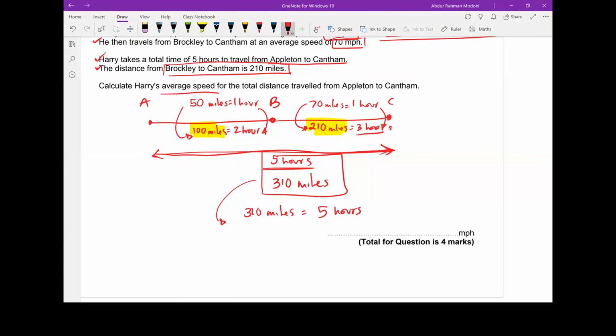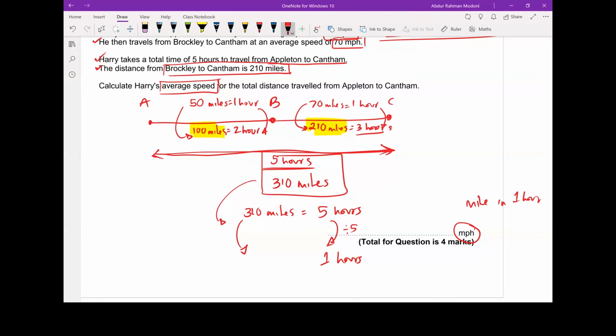Now, to find the average speed, we need to get it to 1 hour. Speed is always how much something travels in 1 hour. That's what this MPH means, miles in 1 hour. So I need to divide by 5 to get 5 hours down to 1 hour, and I'd need to do the same on this side as well.